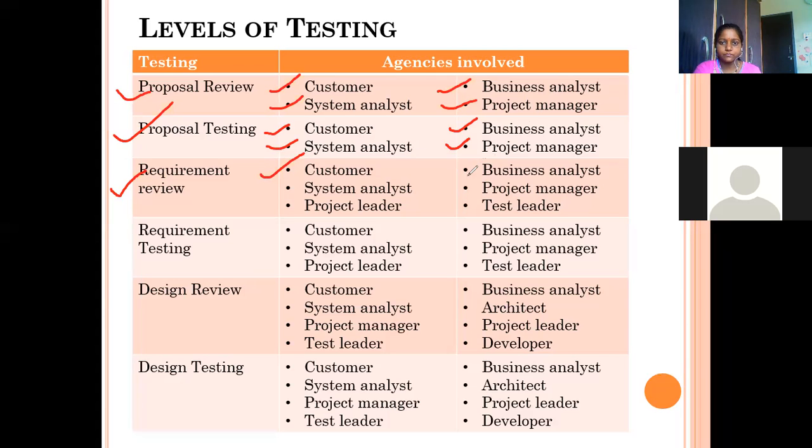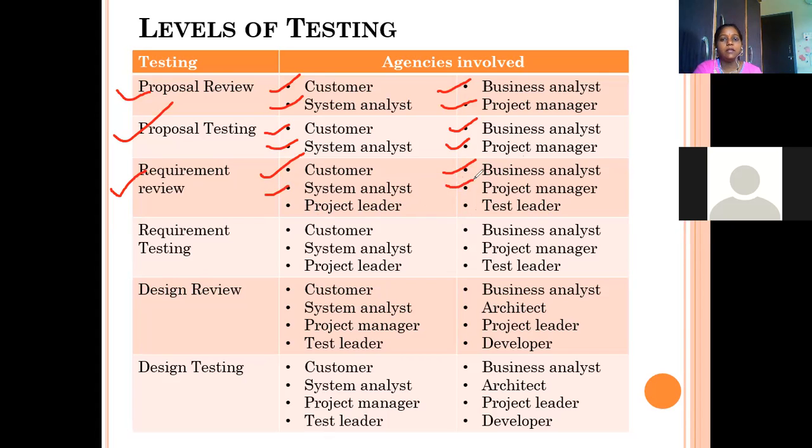Then the business analyst. Whatever the business is, as already discussed, the pros and cons related to that particular product will be checked over here. Then comes your system analyst and project manager.